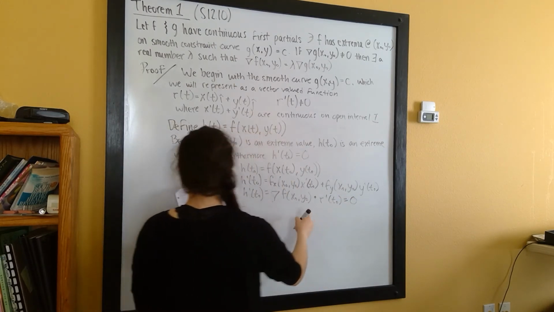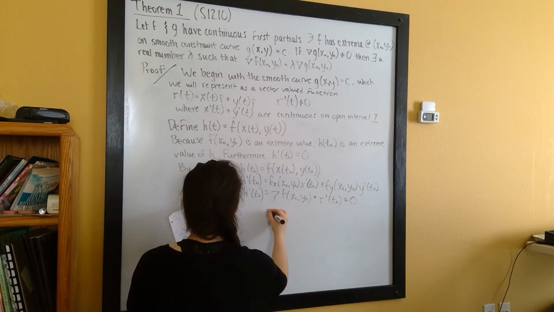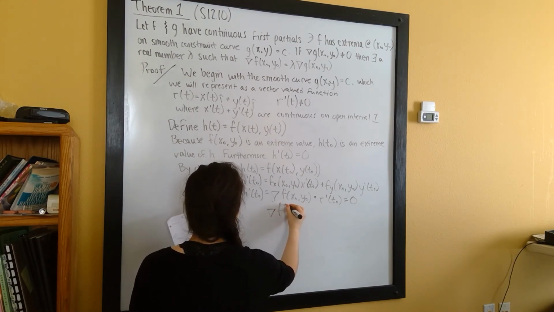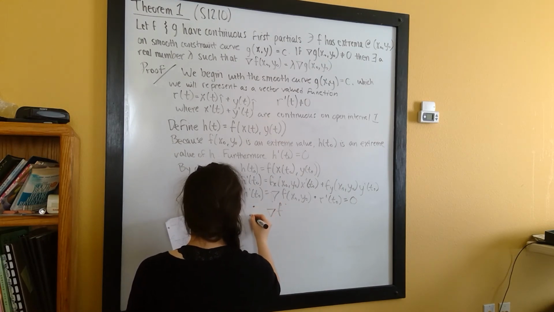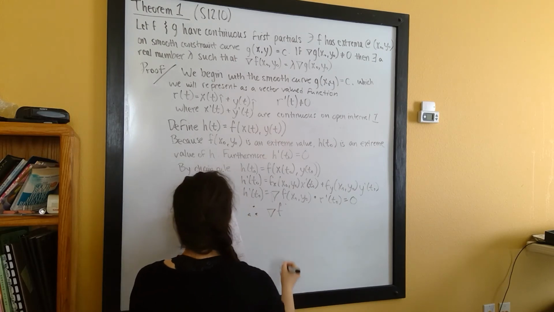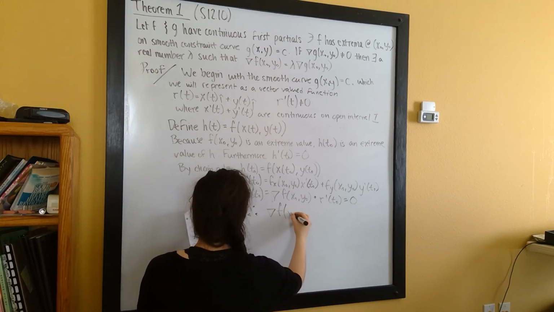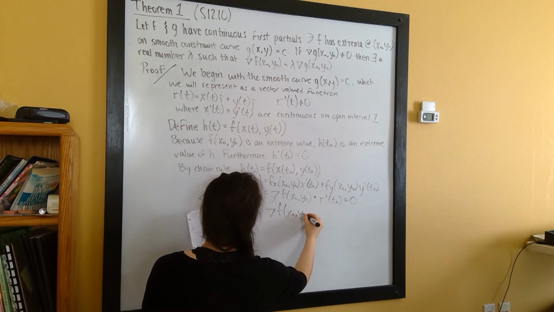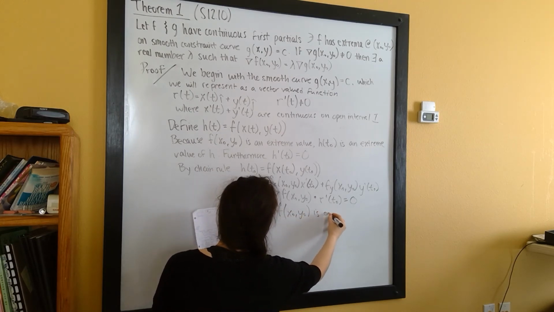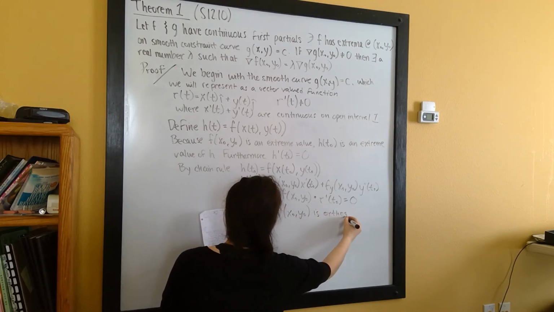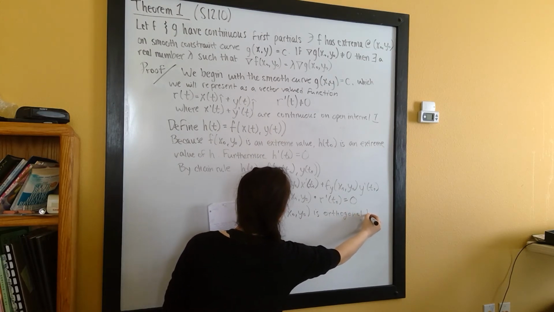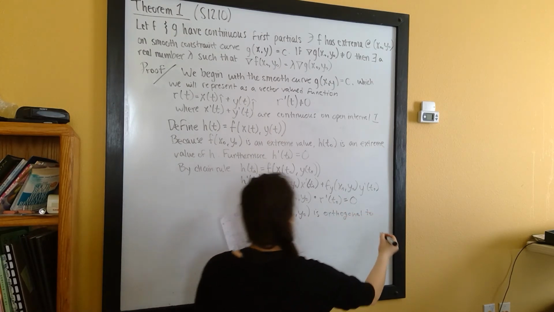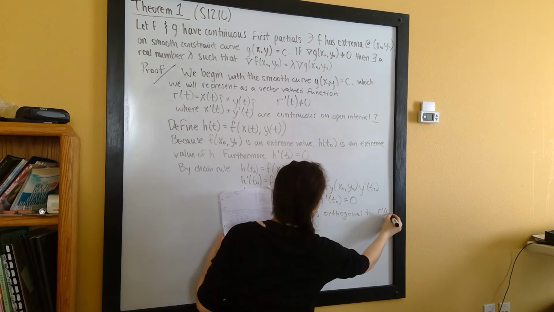Therefore, the gradient f of x naught, y naught is orthogonal to r prime of t naught.